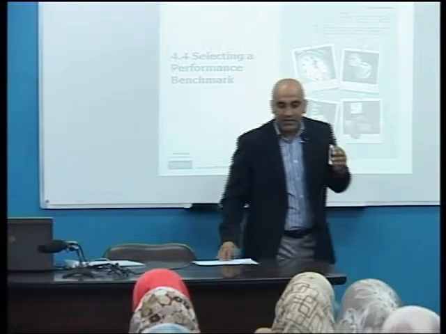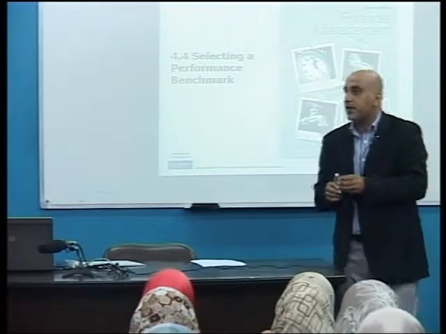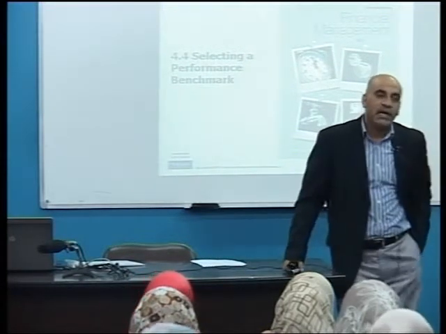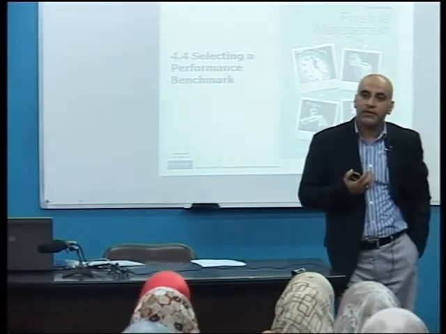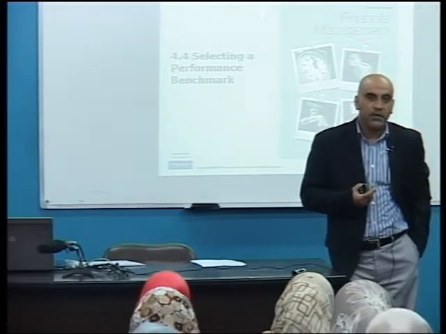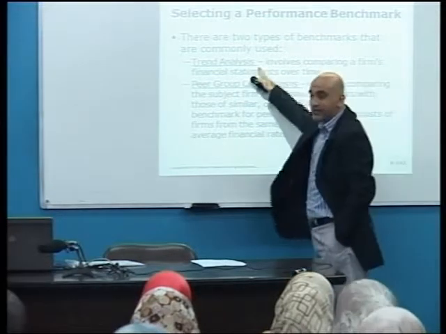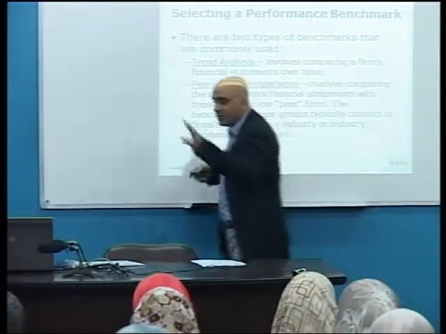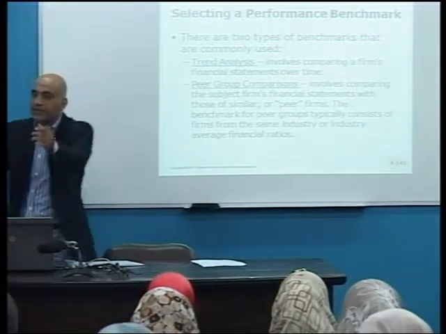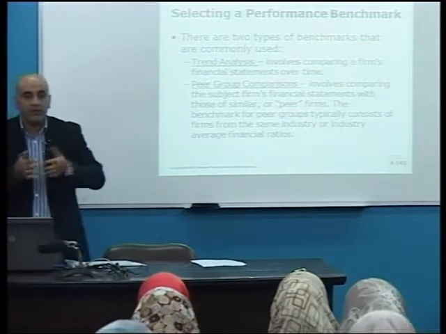Now, after finishing the analysis of the financial statements, how can we judge these ratios? We can use the trend analysis. What it means is that trend analysis evaluates the business performance over time.